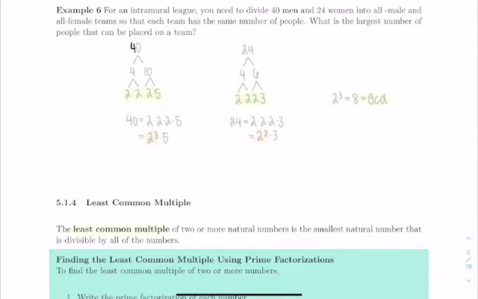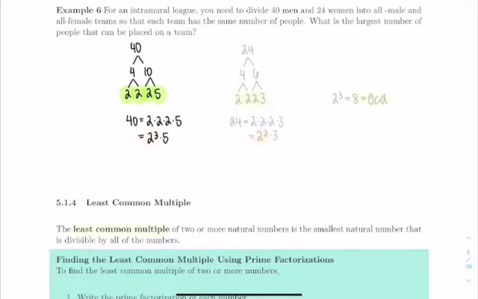So we need to break apart 40. That's 4 and 10. And 4 is 2 and 2, and 10 is 2 and 5. So 40 is 2 times 2 times 2 times 5, or we get 2 cubed times 5.